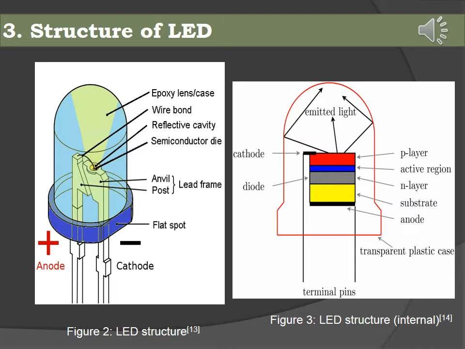It follows the principle of electroluminescence, which is the ability of some materials to emit light when current flows through them. As you can see in figure 2 and 3, there are more components in LED, but they are only for protecting and focusing the LED.